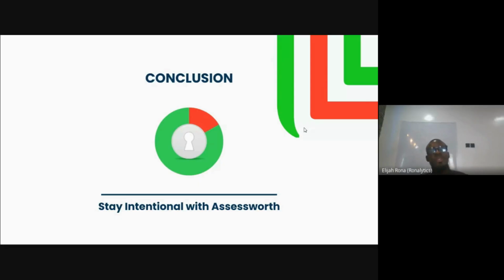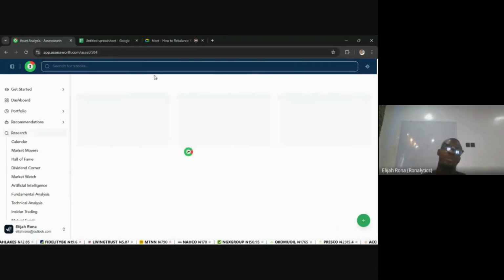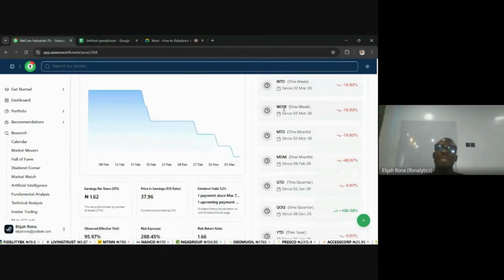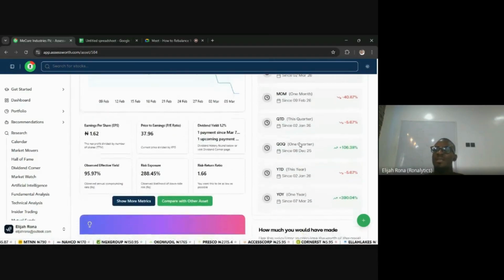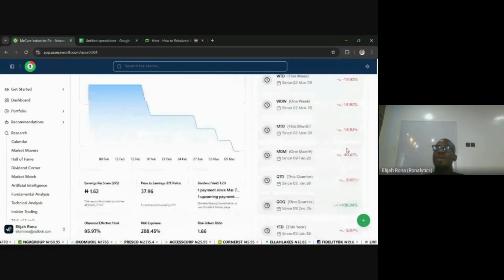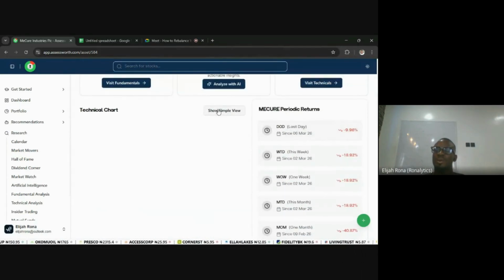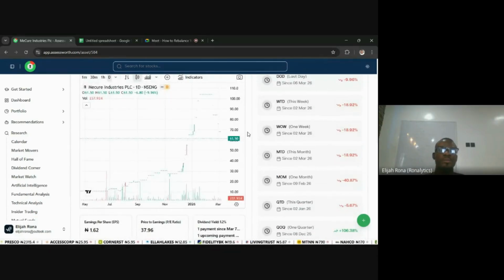So see one example, let's search for Mikio. Now Mikio is even a fundamentally sound company. Let's use the technical chart, or even look at this year, minus 5 point something. Mind you, the company did well, though. When we started this year, where was it?